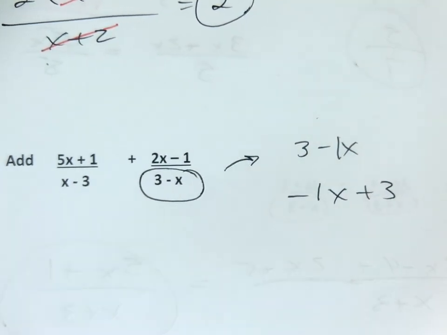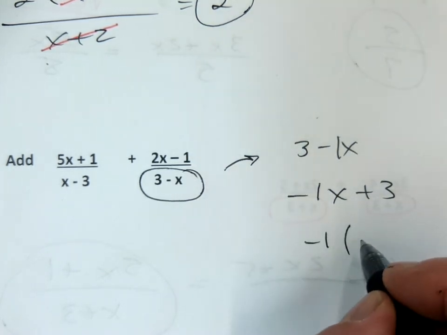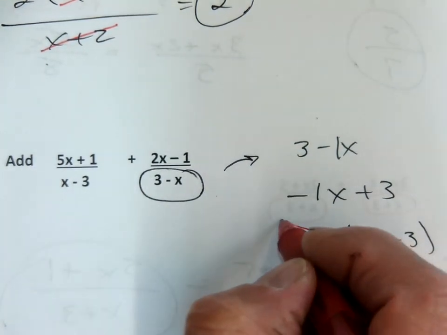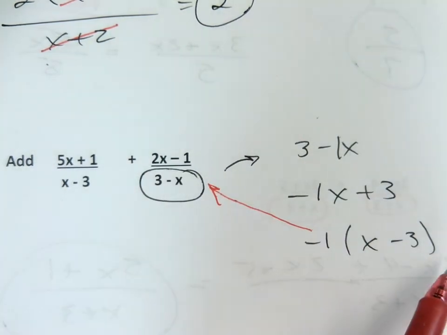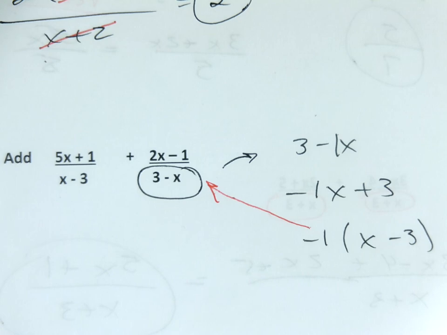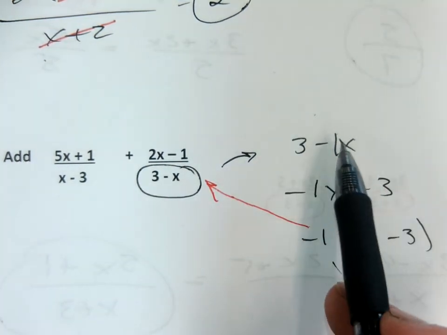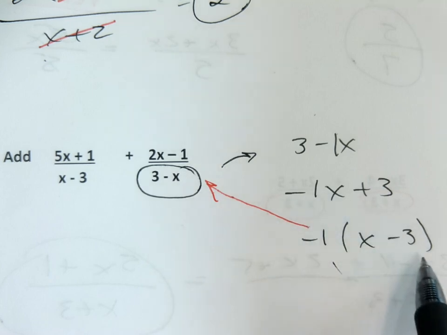If I factor out a negative 1, I get negative 1 times x minus 3. So what I want to do is change this denominator into negative 1 times x minus 3, okay? That's going to help me get a common denominator. Now, if that is difficult for you, watch the film again. I switched it around, factored out a negative 1, and got a common denominator.